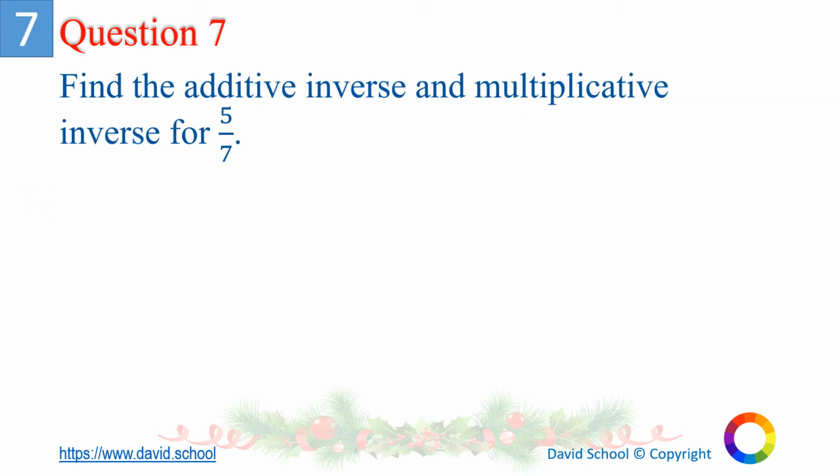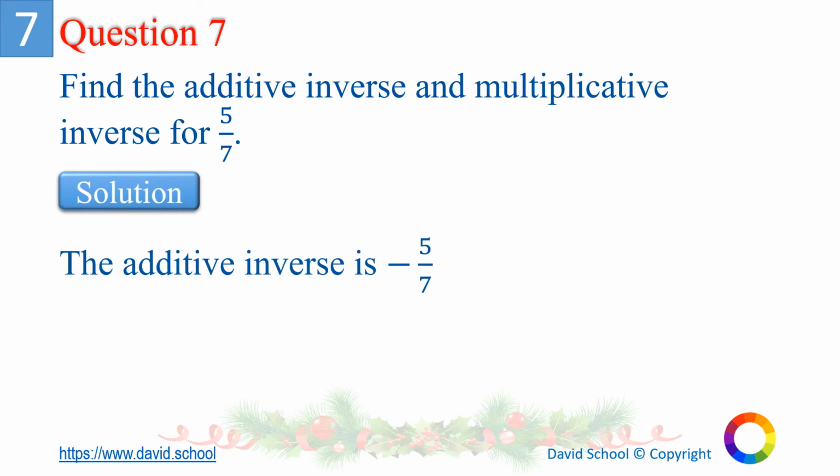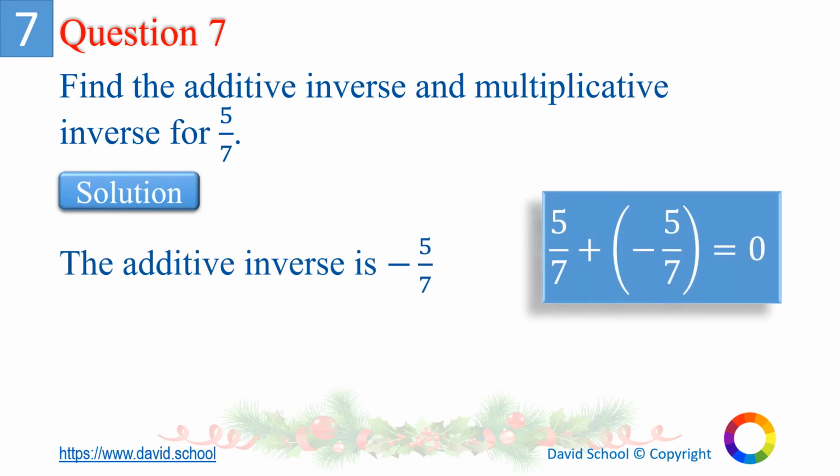Find the additive inverse and multiplicative inverse for 5 over 7. As we have seen before, a number and its additive inverse give you the result 0, or simply change the sign. Therefore, the additive inverse of 5 over 7 is negative 5 over 7. A number and its additive inverse give you the additive identity.